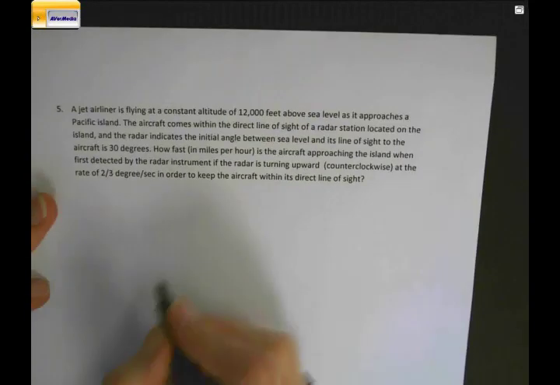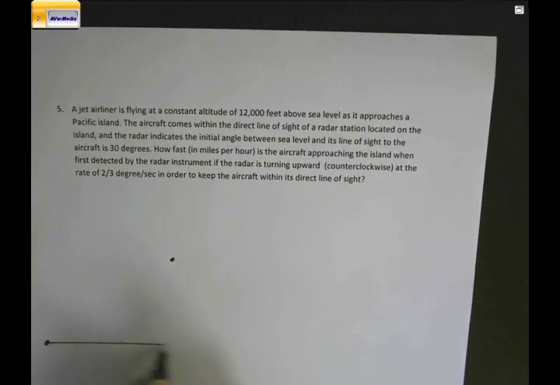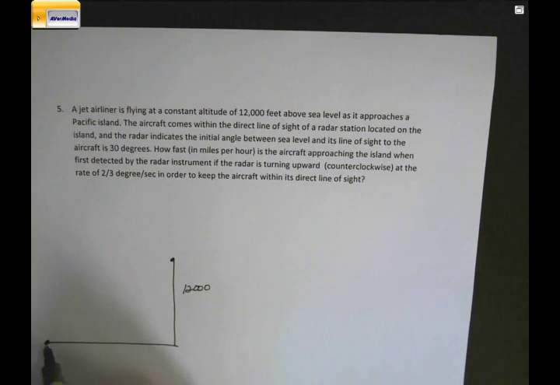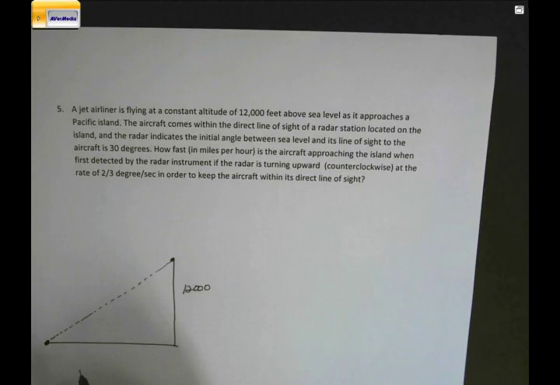Okay, so we have a plane up here in the air, way up there. We've got this instrument over here on this island. He's up here at 12,000 feet. You have some kind of a little instrument over here that is shooting an angle up to that plane.